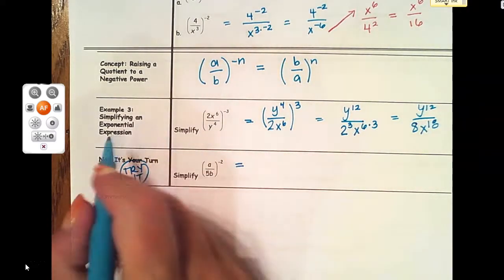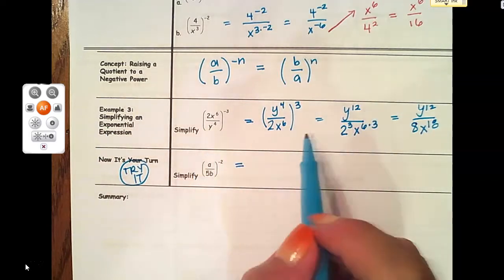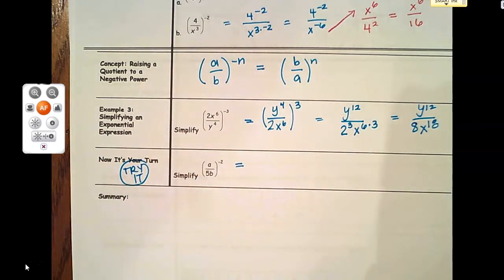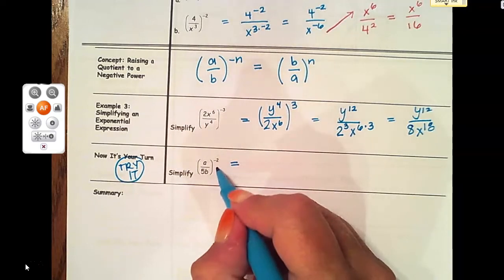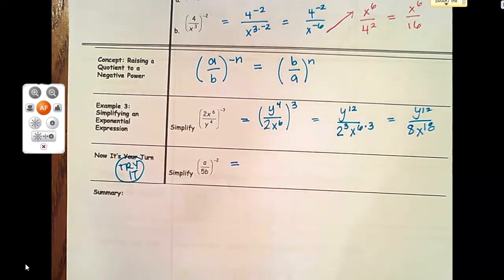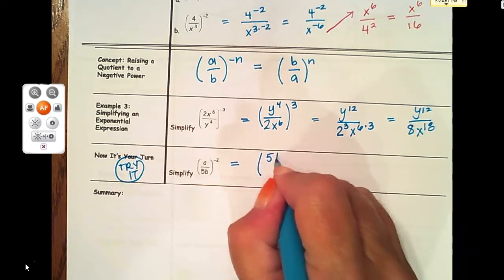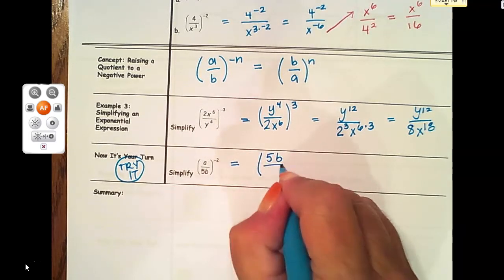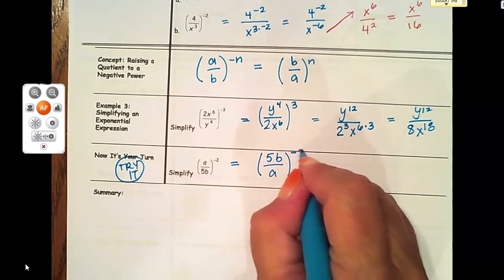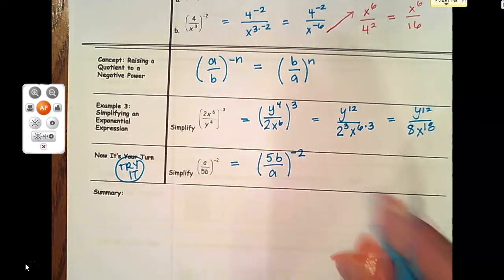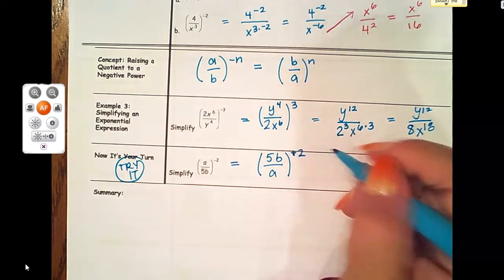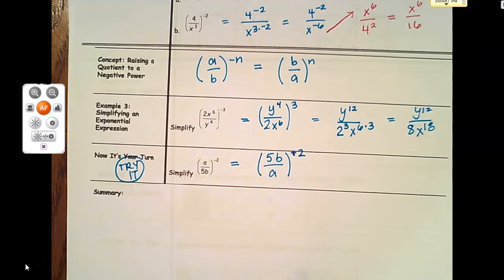I'm going to use the technique described in the prior example. So if I have a quotient, something that is a division problem, and it's being raised to a negative exponent, I can go ahead and flip-flop what's inside, and after I flip-flop it, I'm getting rid of that negative power.